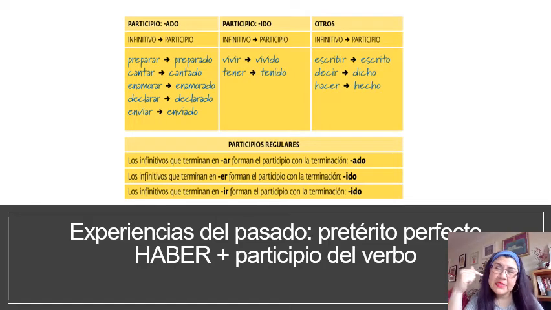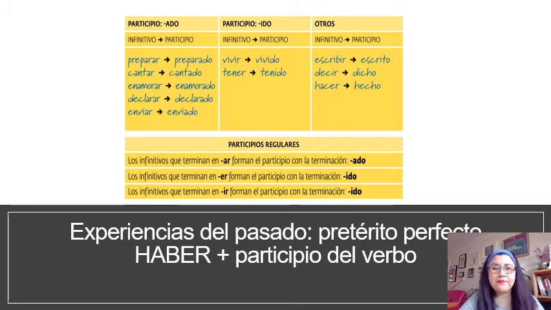You're tempted to think decir, decido. No. Dicho. So that's something to keep in mind. And the same with hacer, to do. It's not hacido, it's hecho.